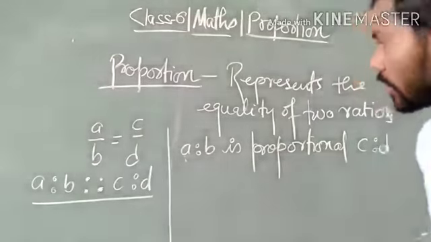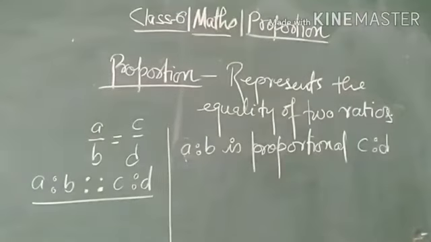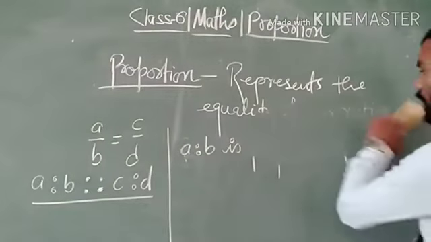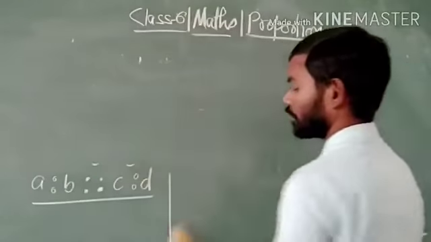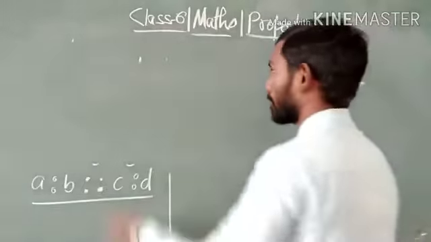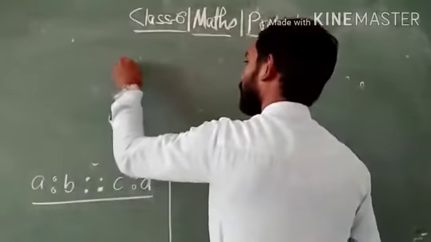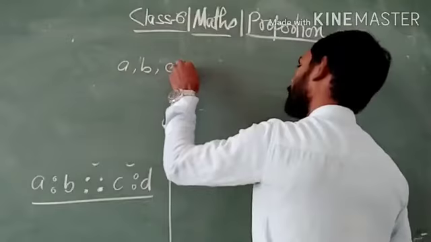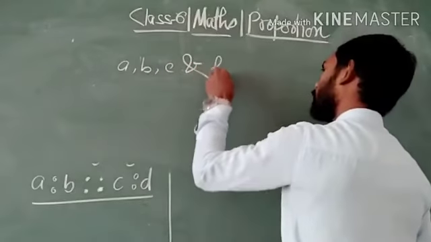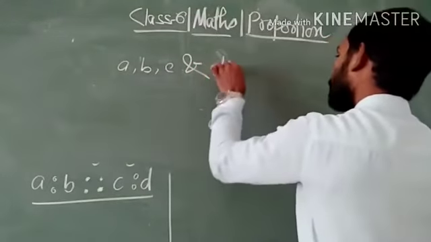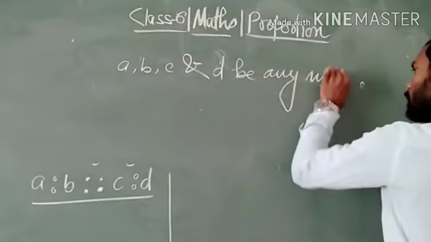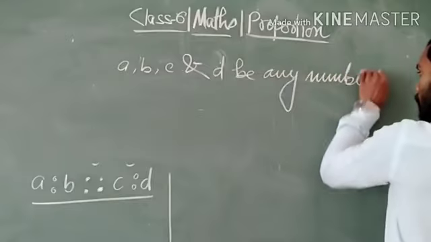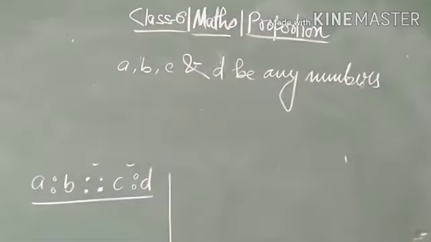Okay, student? Since it has been given that A, B, C and D are any numbers, they are said to be proportional if their ratios are equal.